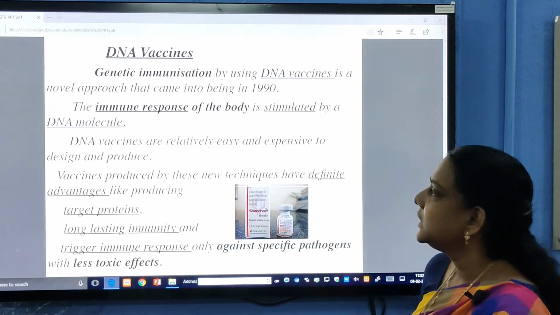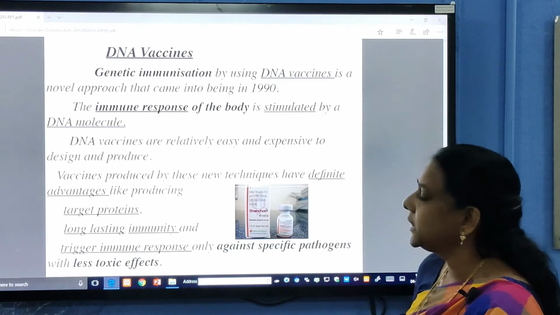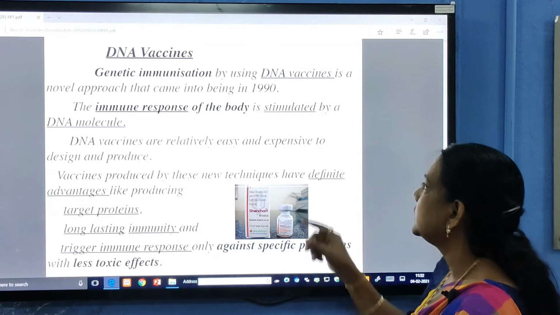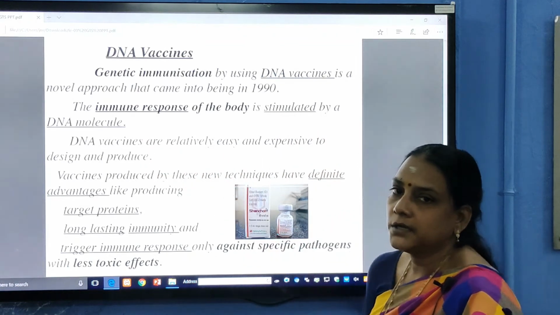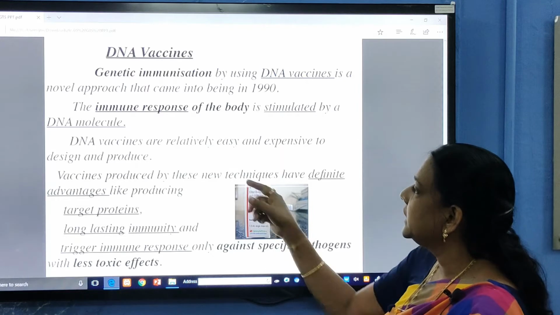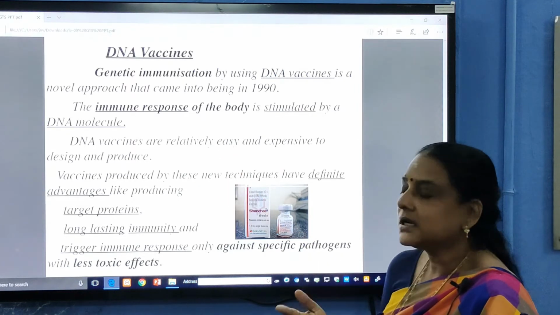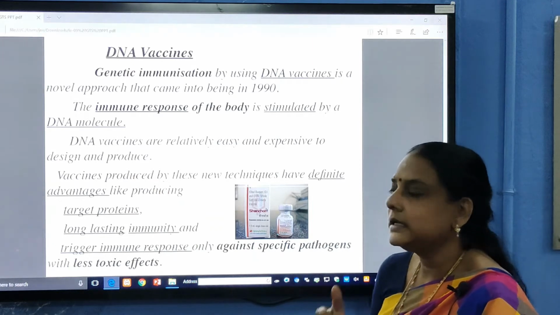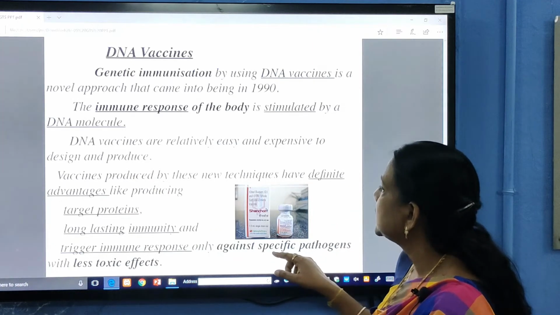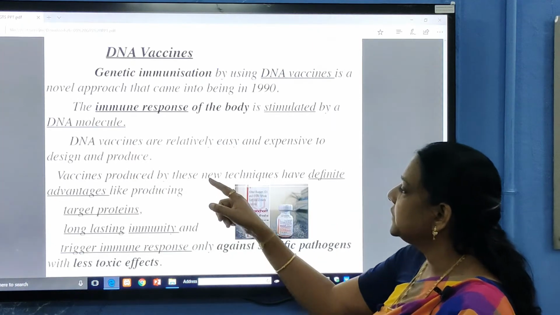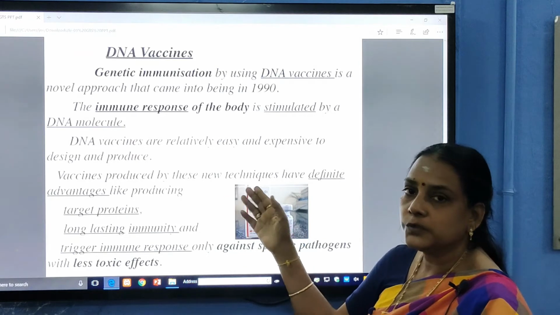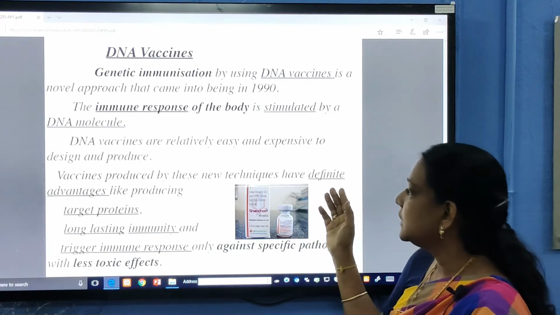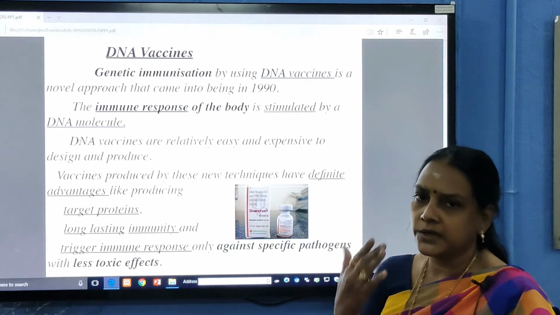It has started. Now the immune response of the body is stimulated by the DNA molecule. This is relatively easy and inexpensive to design and produce. Very easy for one, and inexpensive also. At the same time, these vaccines are produced by new techniques with definite advantages.